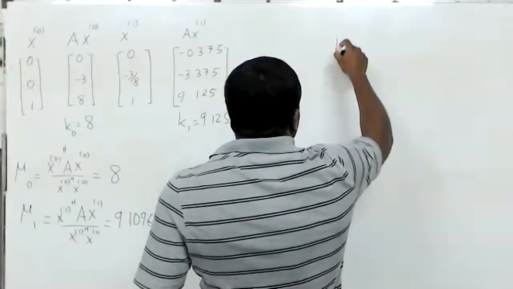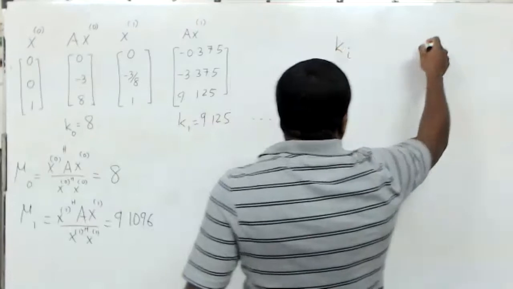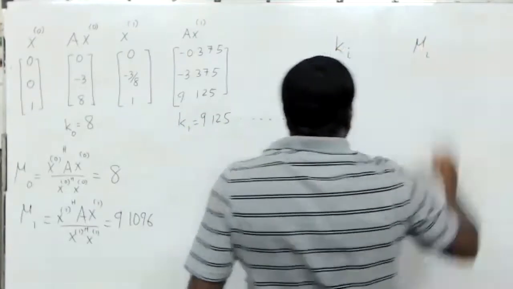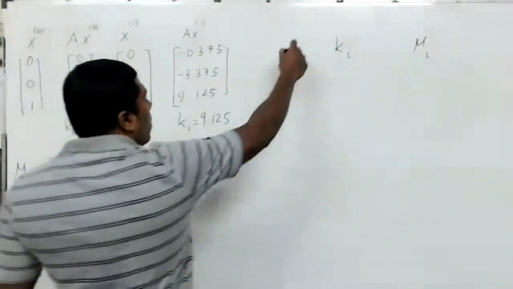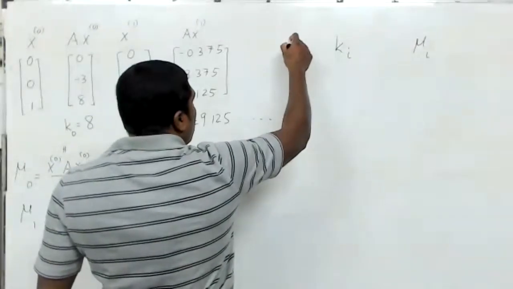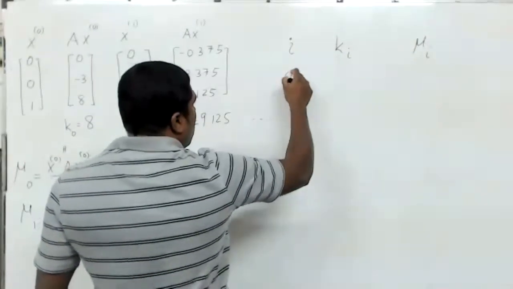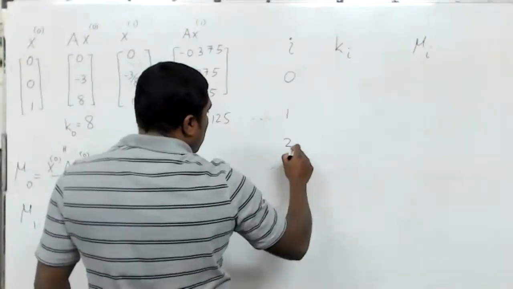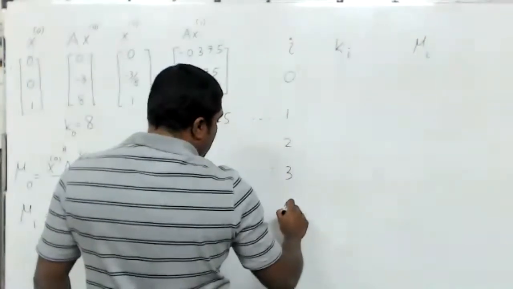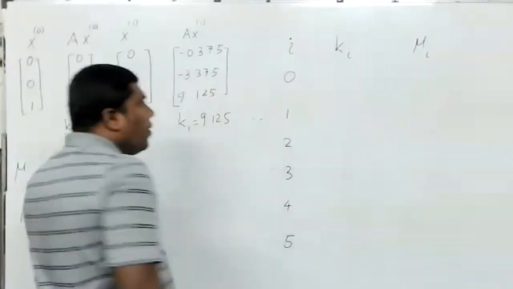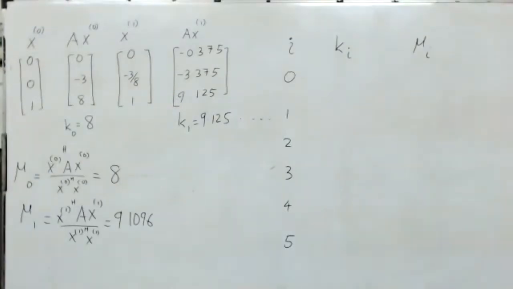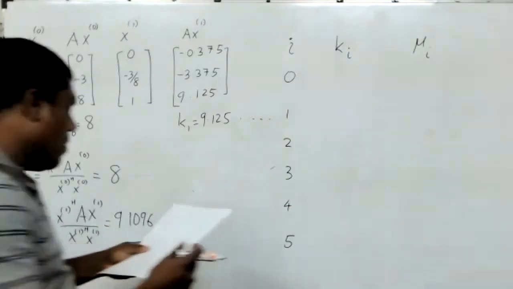In each step we have a k_i and a mu_i, so let us write down both of them.